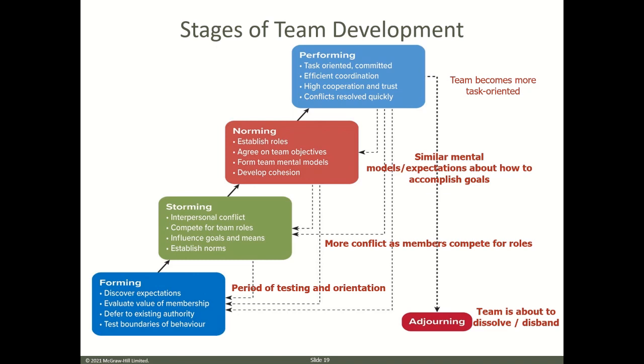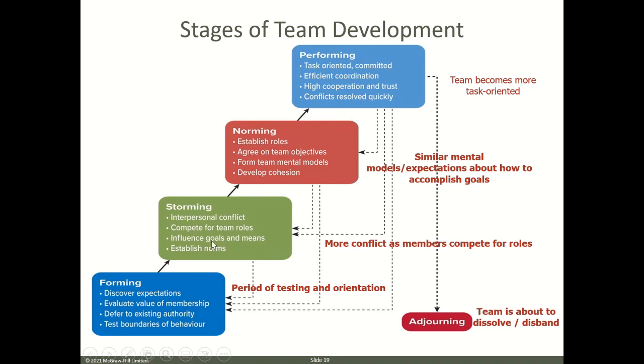Other members say, "Oh, I have expertise in this, I can do it very easily." Sometimes after all the discussions, it's very difficult to assign the duties and responsibilities to the team members. So this is the storming stage. Storms come with different viewpoints and different perceptions among the team members.